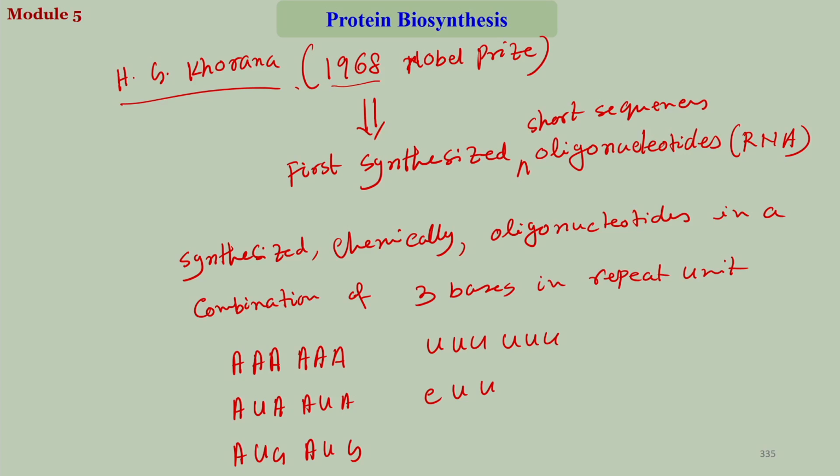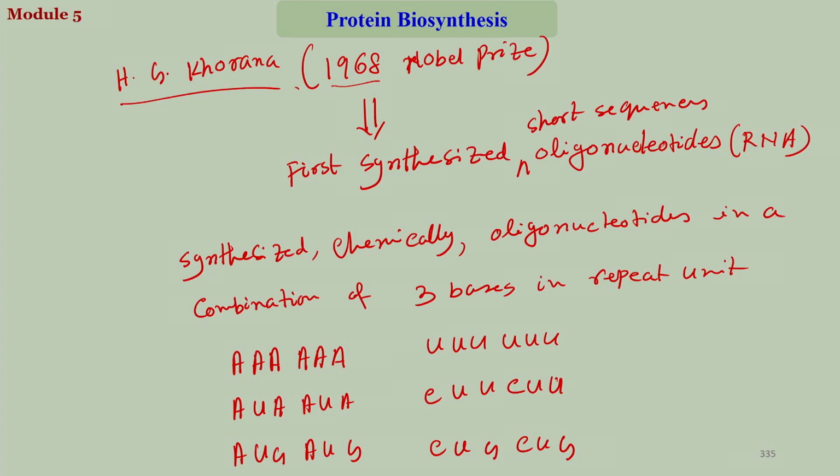It can be arbitrary, any sequence you can fabricate, but the only thing is that it has to be the repeated unit CUU, and then CUG. Likewise, all variations and all possible combinations he synthesized.